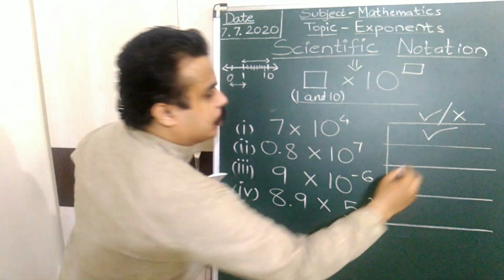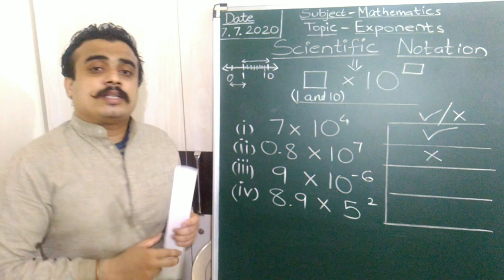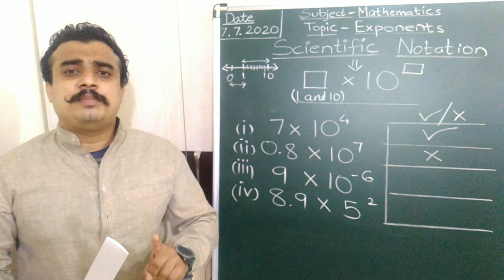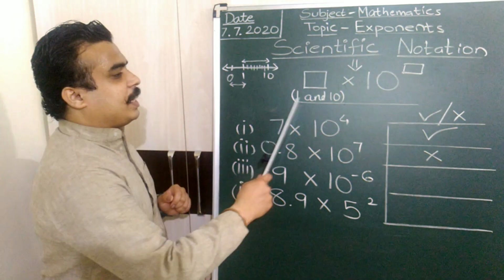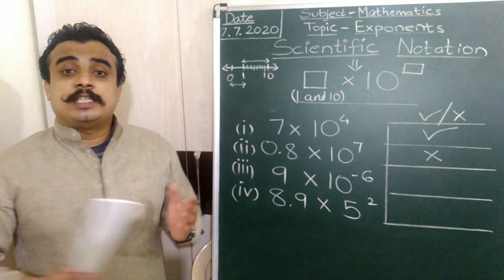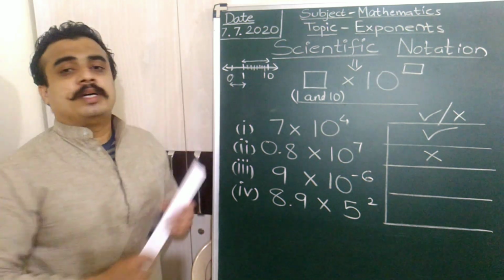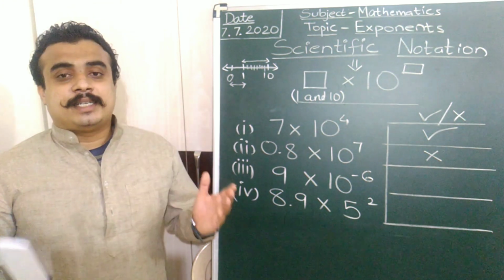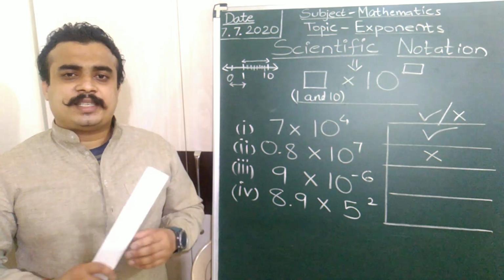That means the given notation is not a scientific notation, because the first part must be between 1 and 10, and 0.8 is between 0 and 1. That's why cross.